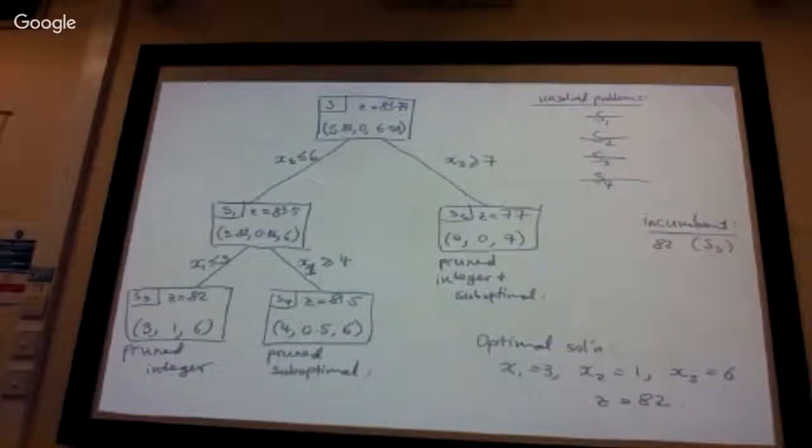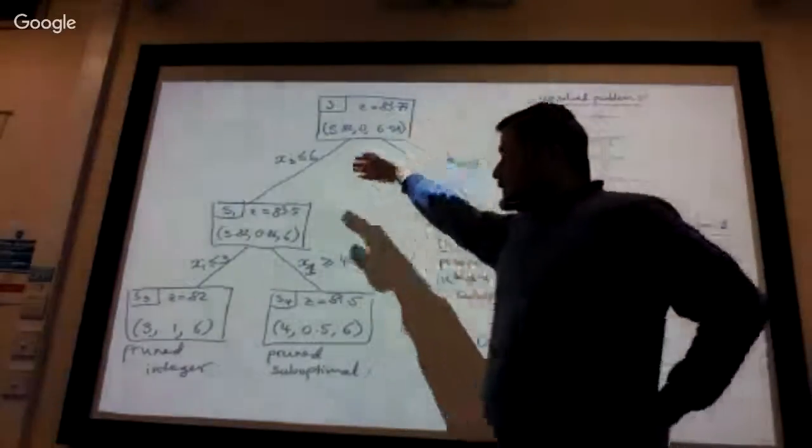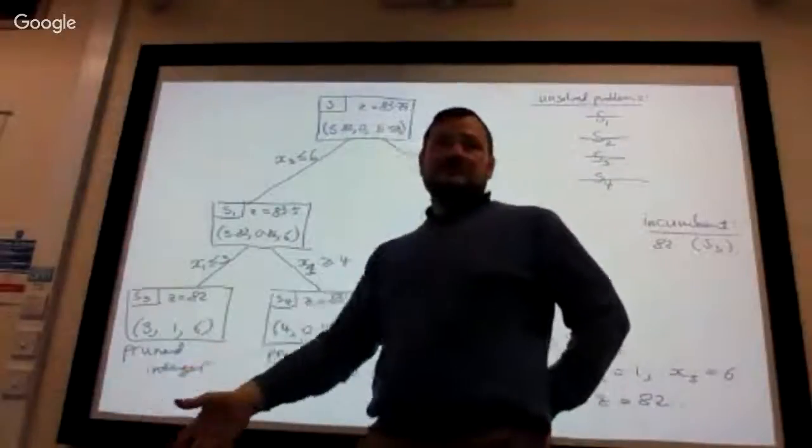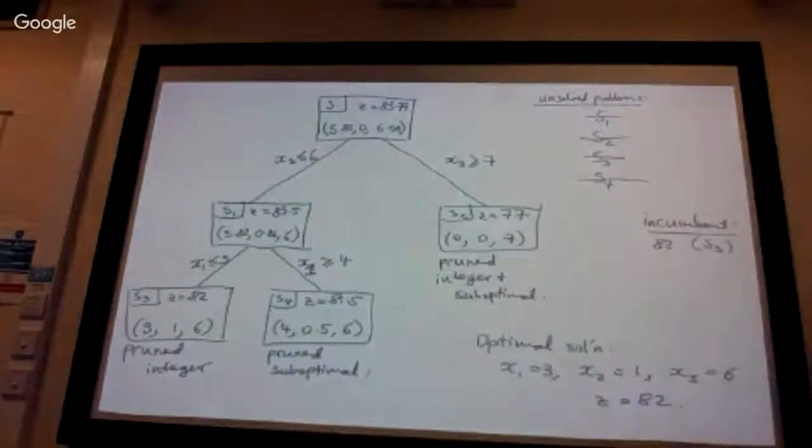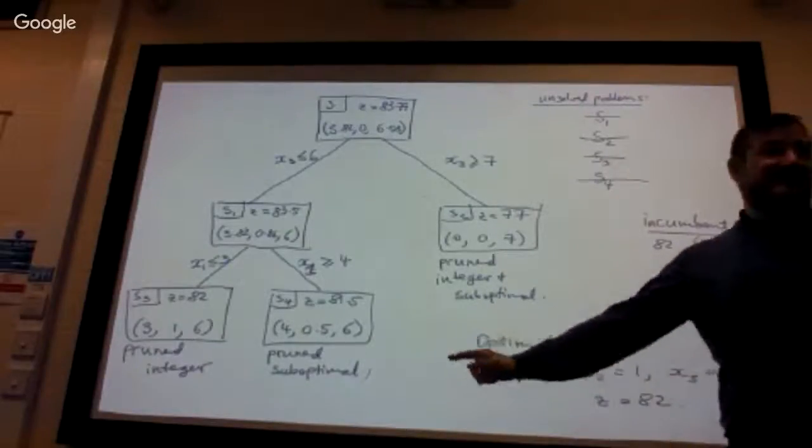What George is mentioning is that when you're making solvers, they usually try and go down one branch. So always go down and down and down first until you find an integer solution. Because if you don't have any integer solution at all, then you can't do pruning by suboptimality at all. Right?